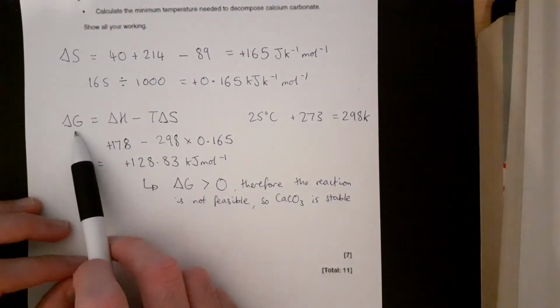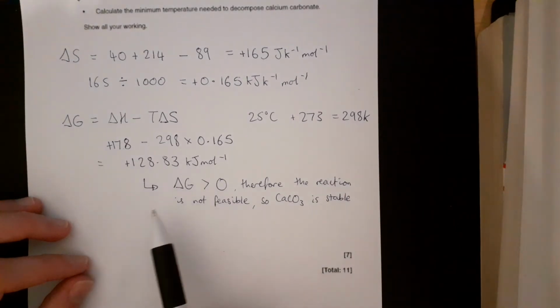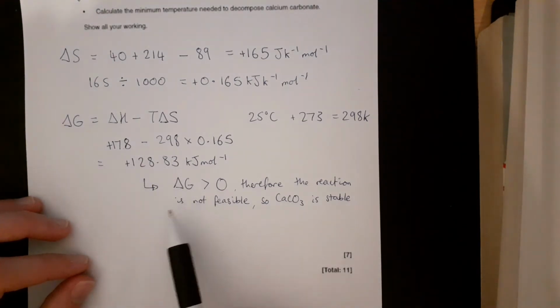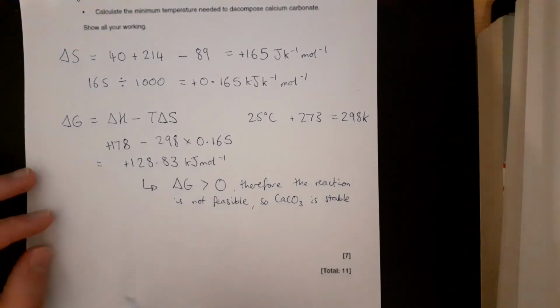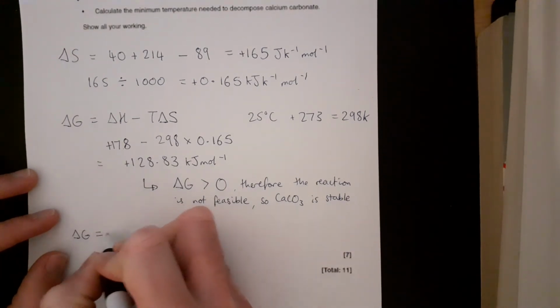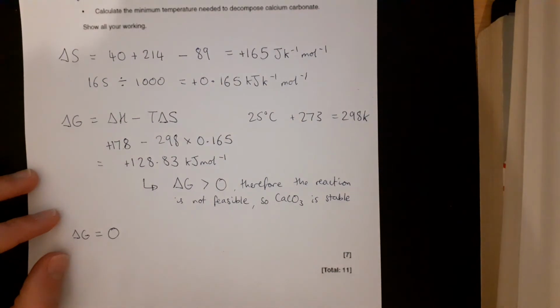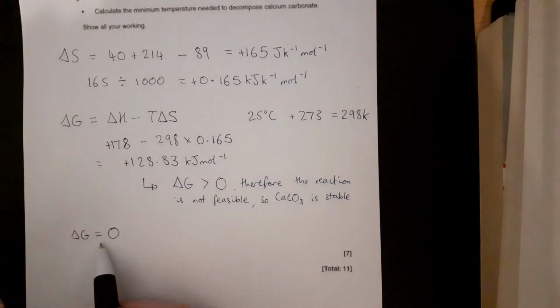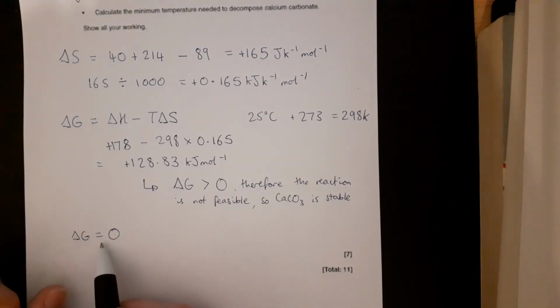For this, we've just said that we need delta G to be less than 0 for the reaction to be feasible. If delta G is more than 0, it's not feasible. So the cutoff point for when it becomes feasible is when delta G is equal to 0. So that is going to give us the maximum or the minimum temperature, because that's the point at which it's just going to start to work.